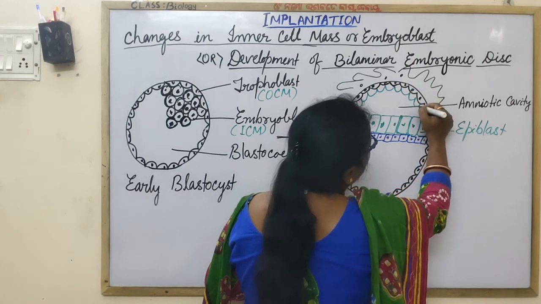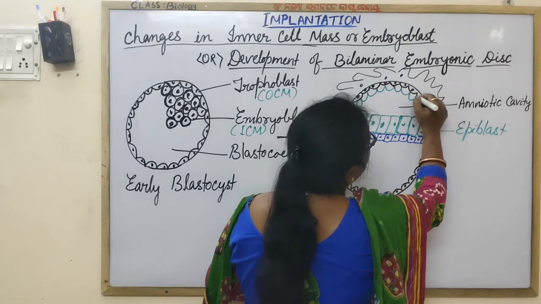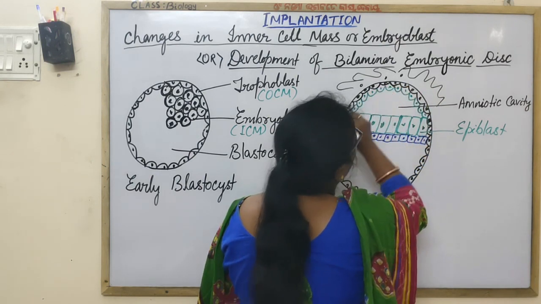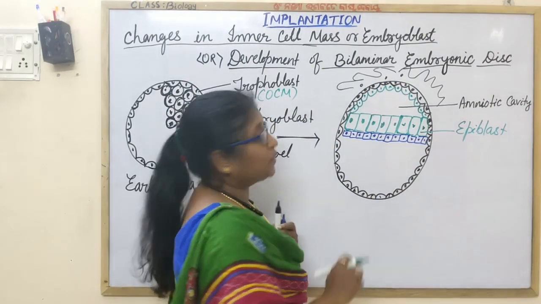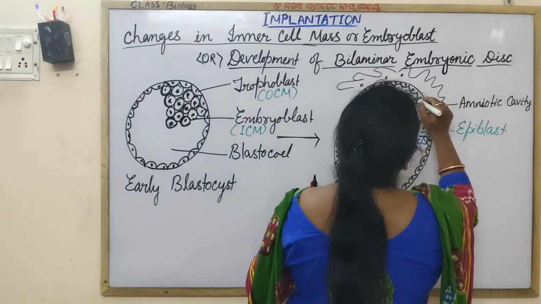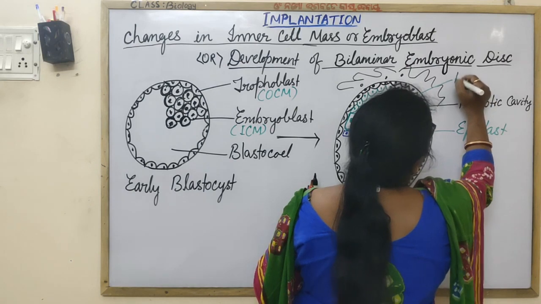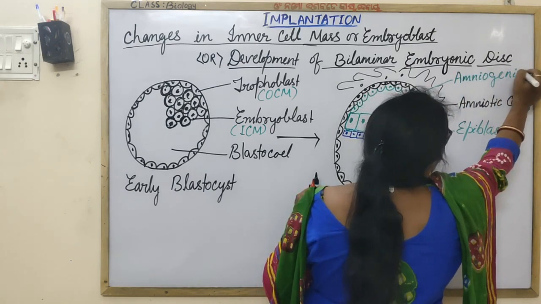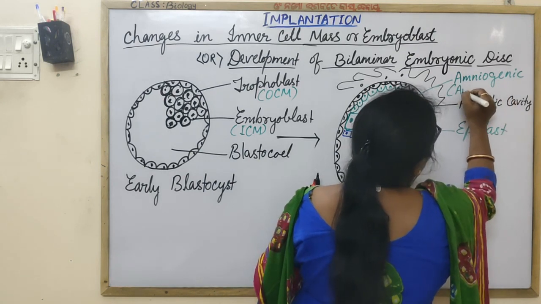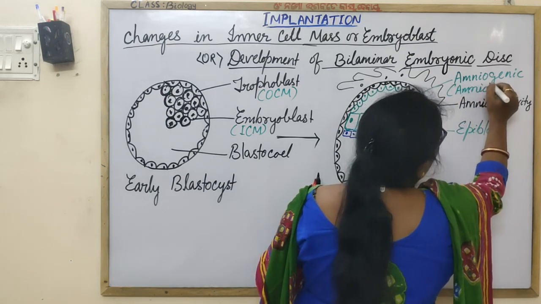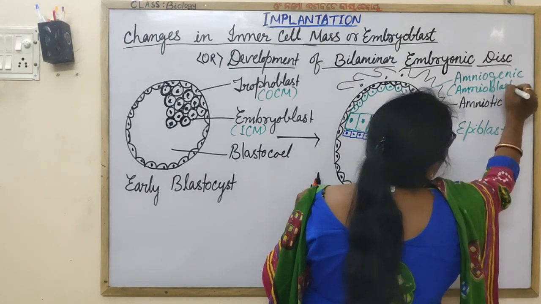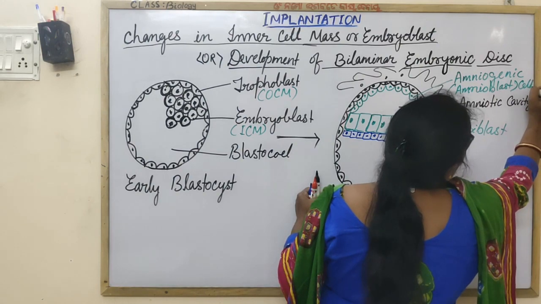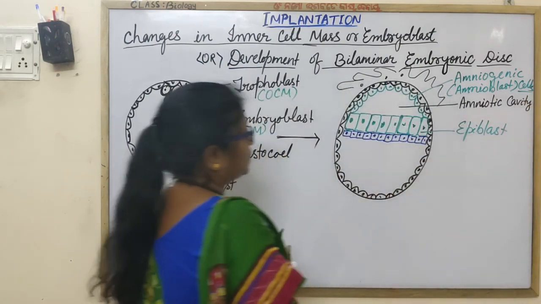Amniogenic cells are derived from the trophoblast, the cytotrophoblast. That is amnioblast. Amniogenic cells are the amnioblasts.